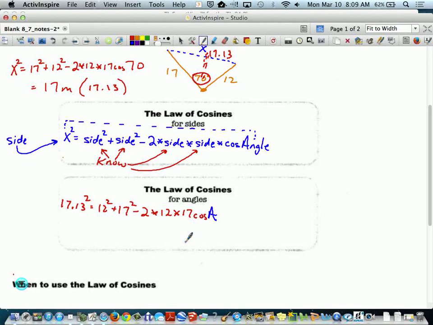I'm just going to call it A for angle. Cosine some angle. So what should we get? We already know what the answer is going to be. What am I going to get for that angle? 70 degrees, right? So we're just practicing what it's going to look like. So what do you have to do to get that A by itself?